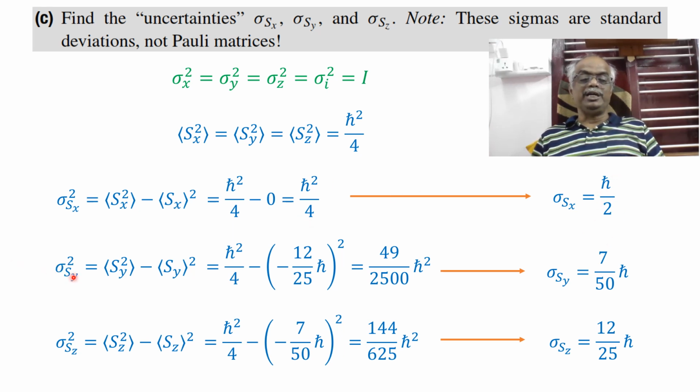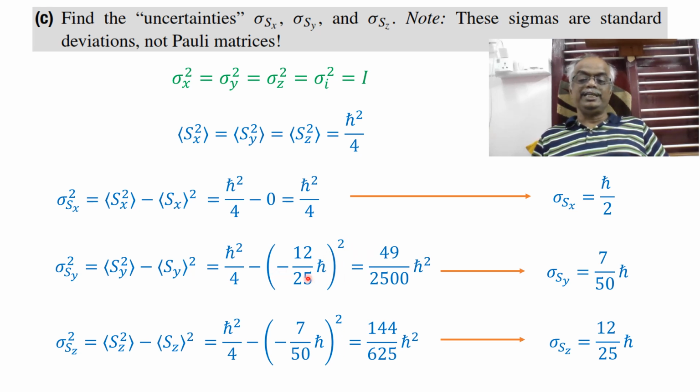Similarly, σ_Sy squared is equal to the expectation value of Sy squared minus the square of the expectation value of Sy. So this is as usual ħ² over 4. Then the expectation value of Sy, we have seen, is minus 12 over 25 ħ, in section B, the whole squared.